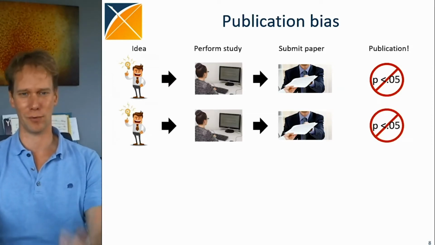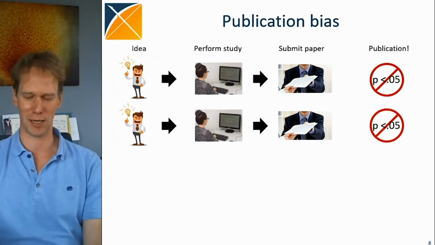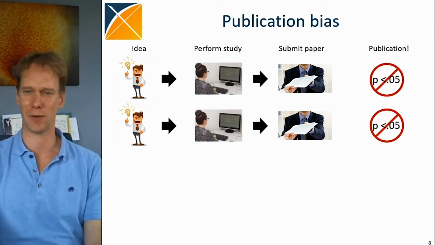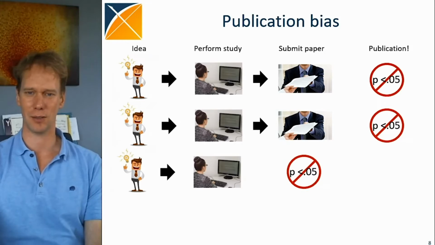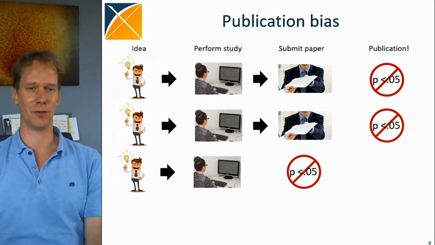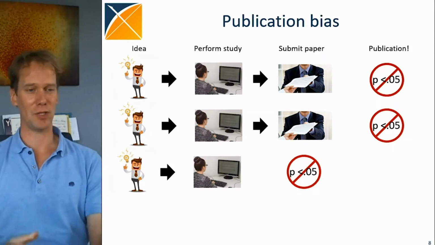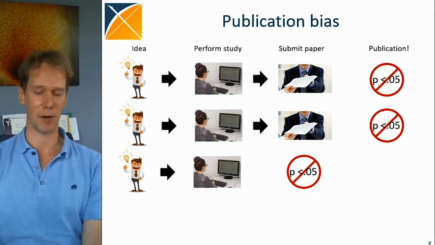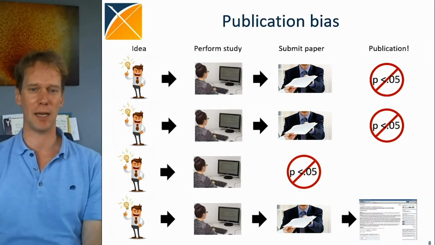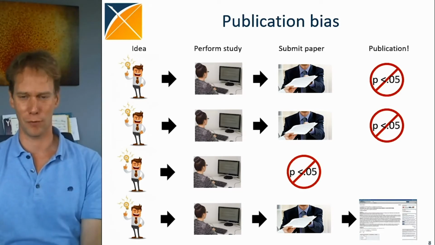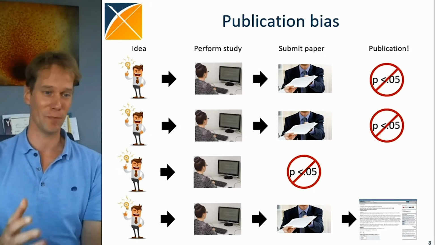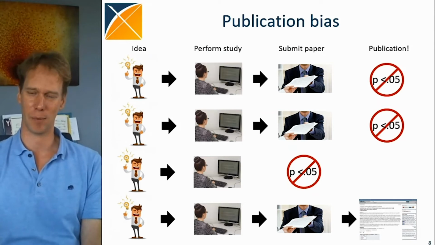Next time around, you again have an idea, you do your study, but not statistically significant, so no publication. Maybe the next time, once you've done your analysis and you find that you haven't achieved statistical significance, you won't even bother to submit it anymore, until maybe one day you've reached statistical significance, you submit it, and the journal likes it and publishes it.